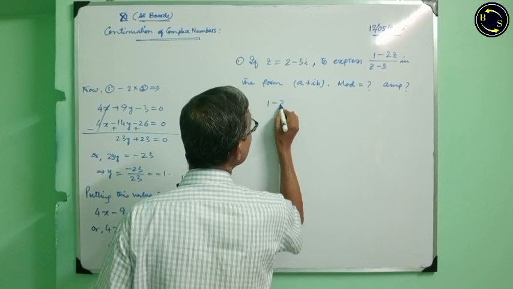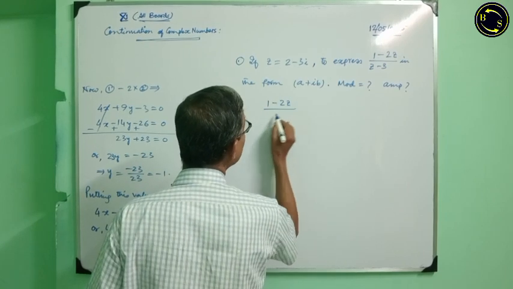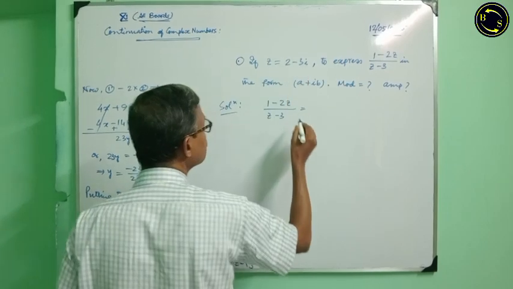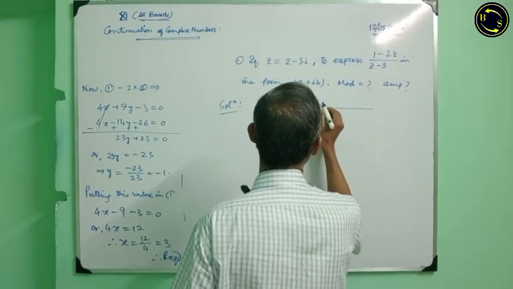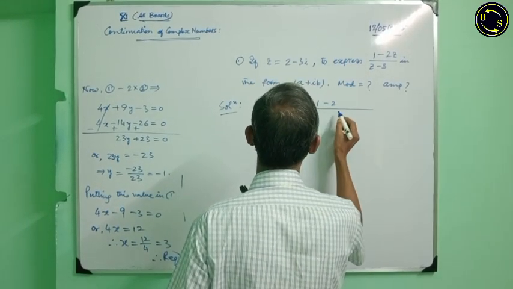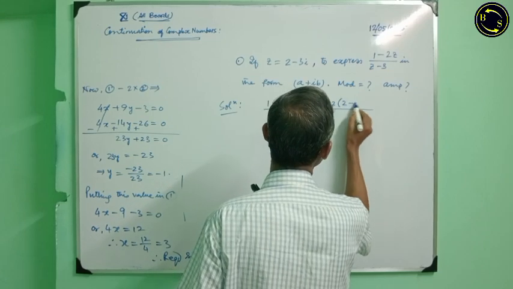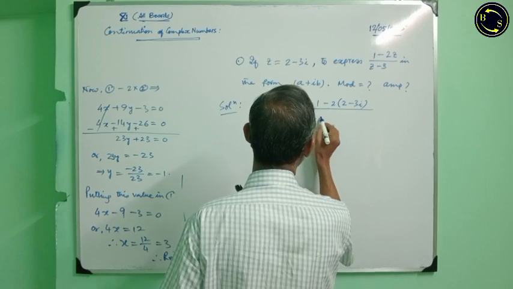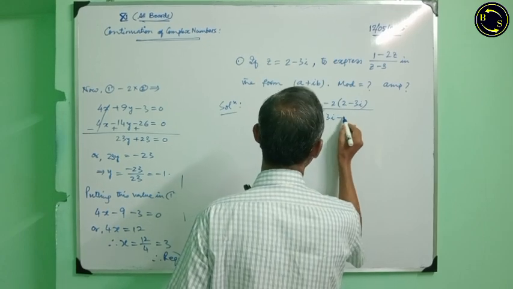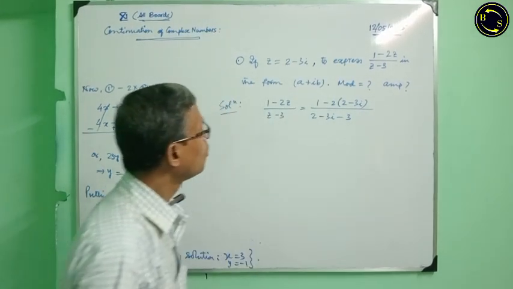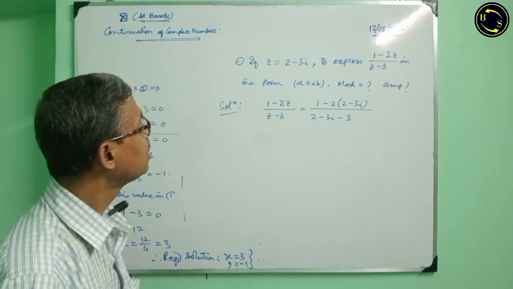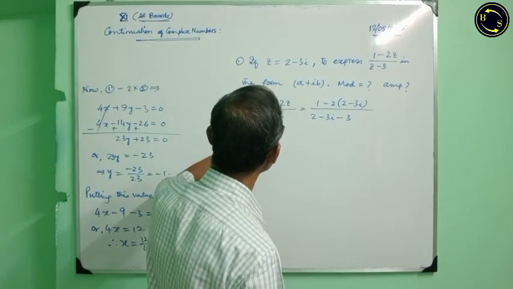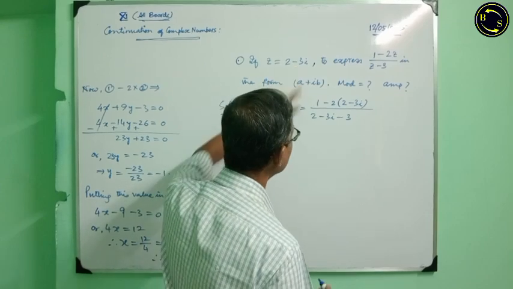1 minus 2z by z minus 3. Putting the value of z, we first simplify. 1 minus 2 into (2 minus 3i) divided by 2 minus 3i minus 3. 1 minus 2z by z minus 3, given z equal to 2 minus 3i.